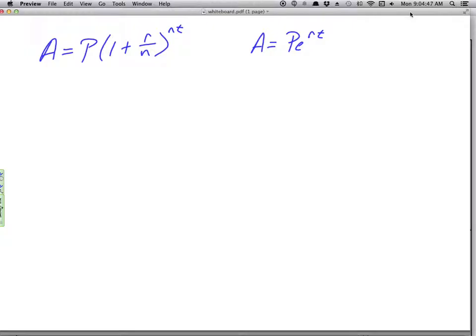Those are our two compound interest formulas. On the second one, the first one is nt on the exponent. The second one is rt on the exponent.